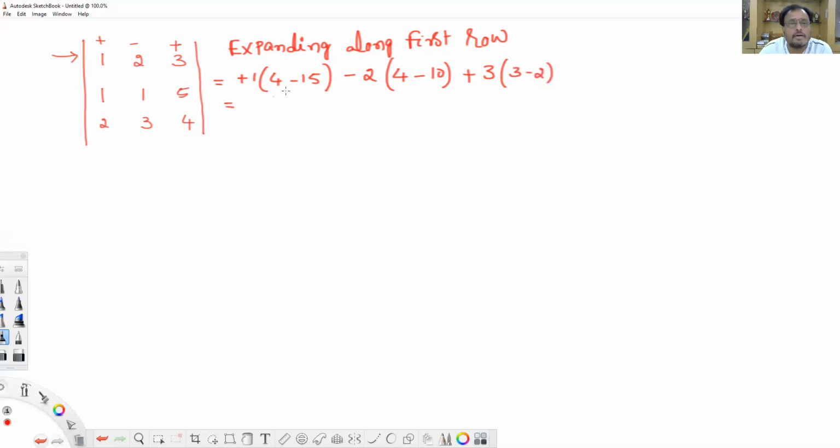So here it is 1 into minus 11, minus 2 into minus 6, plus 3 into 3 minus 2, which is 1. Directly I'll write minus 11 plus 12 plus 3. 12 minus 11 is 1, 12 plus 3 is 15, 15 minus 11 is equal to 4. So the value of the determinant is 4.